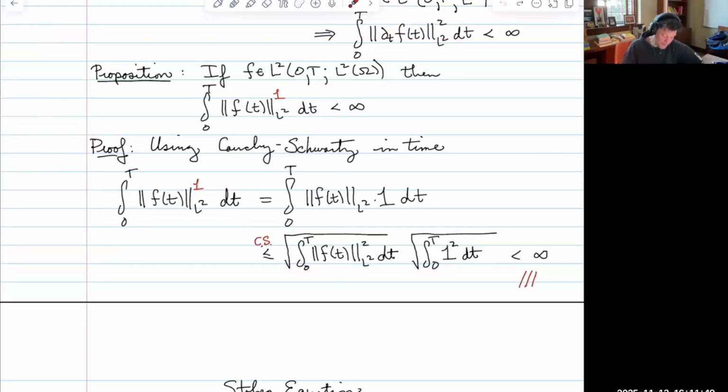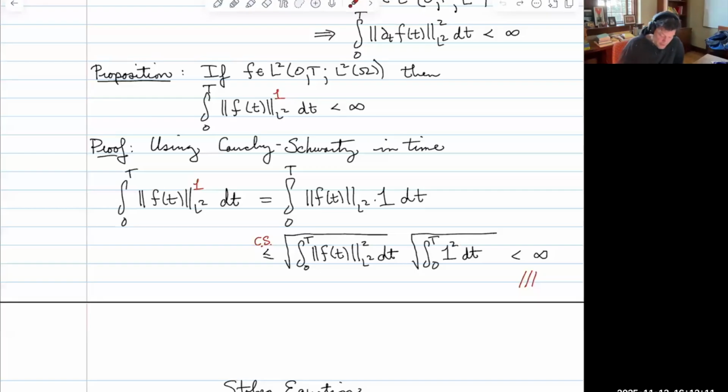Well, let's rewrite this integrand as the thing that we have in the integral on the left times 1. And now we're going to apply the Cauchy-Schwarz inequality with this function and this function as being two functions of time.